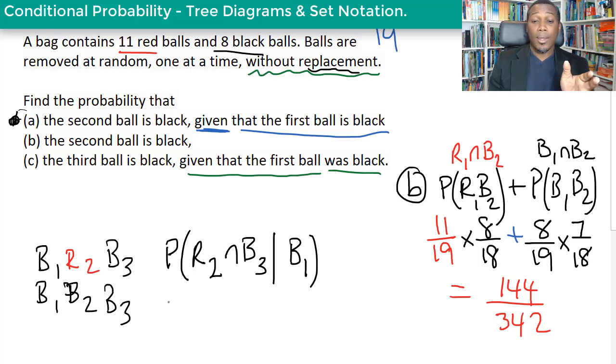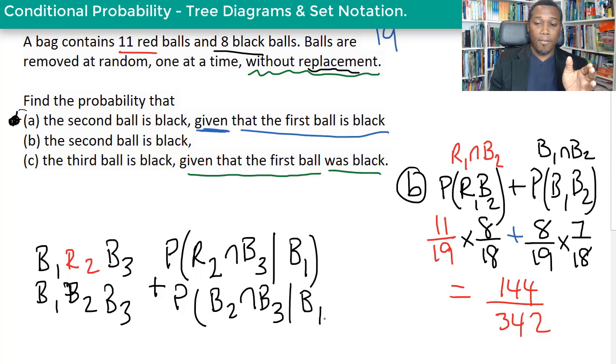And then I want to add on, or the probability of B the second time and B the third time, given that I have B the first time. That is what we are looking for. We have that condition.